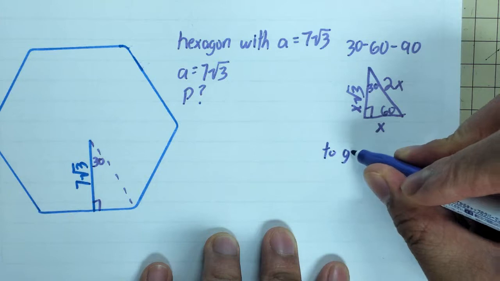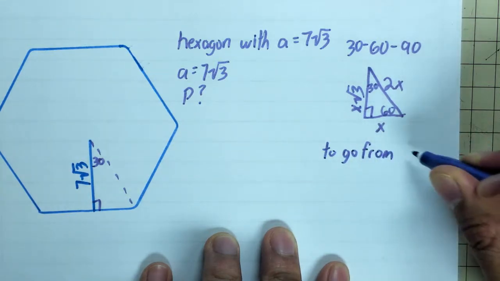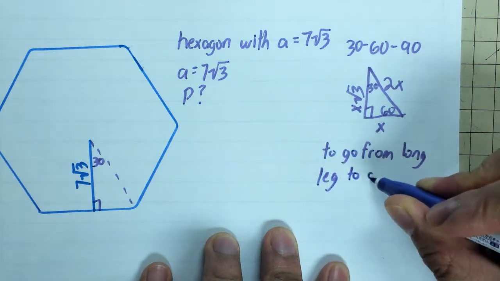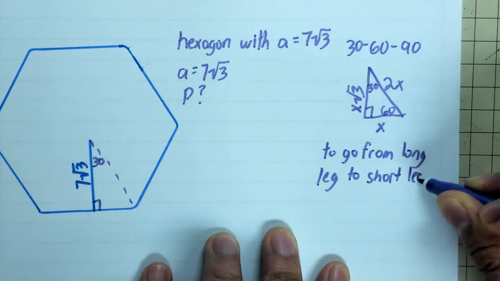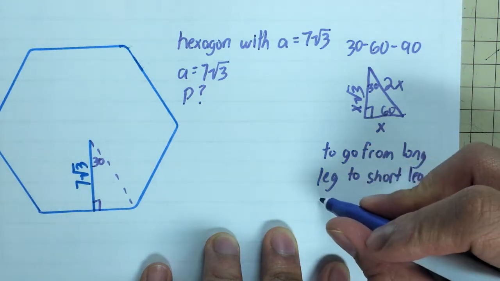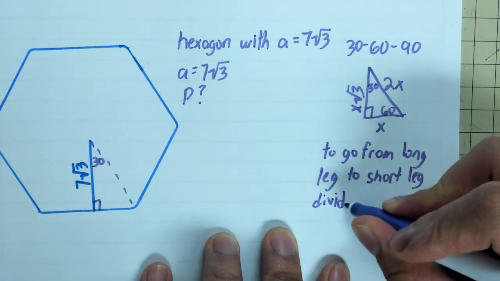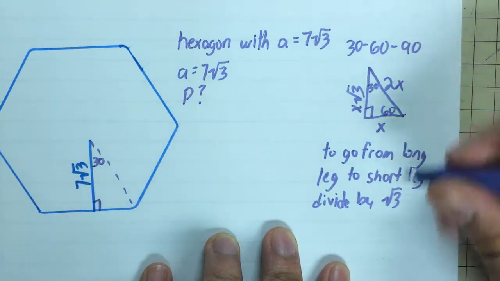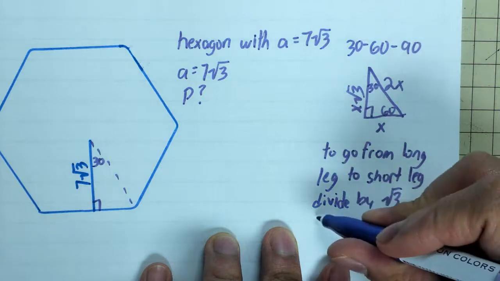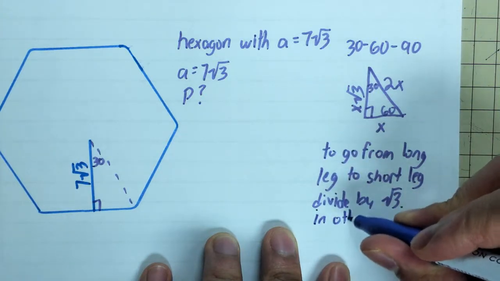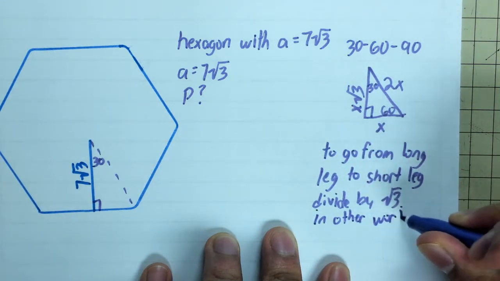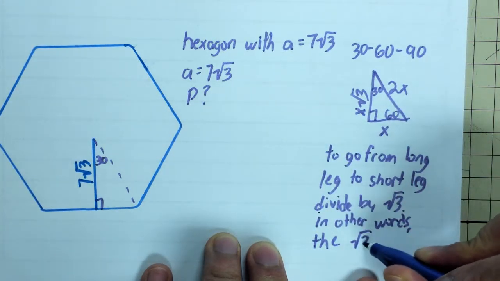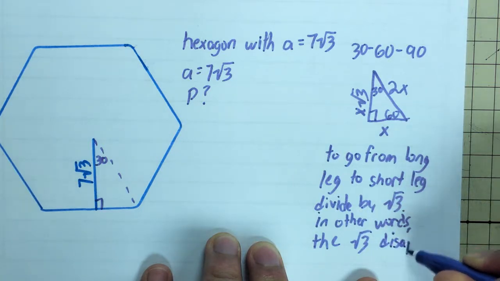So to go from long leg to short leg, we divide by square root 3. In other words, the square root 3 disappears.